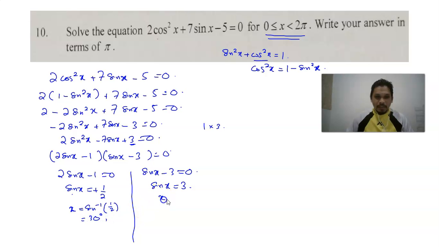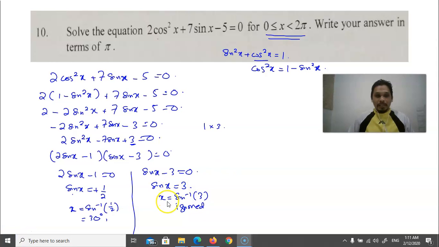And here, x equals arc sine of 3. There is no answer here, so ignore it, because arc sine of 3 has no answer. You may press it on your calculator: arc sine of 3 gives no answer, so we ignore it. So only one answer here.